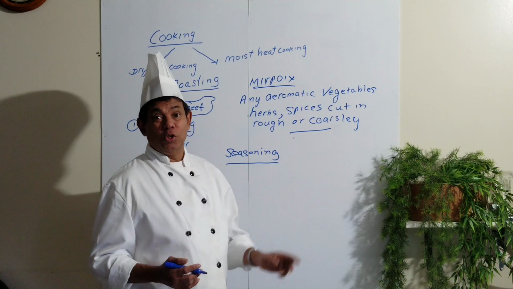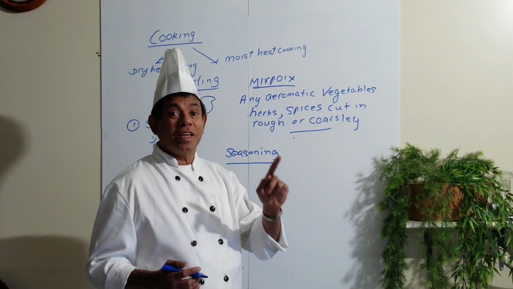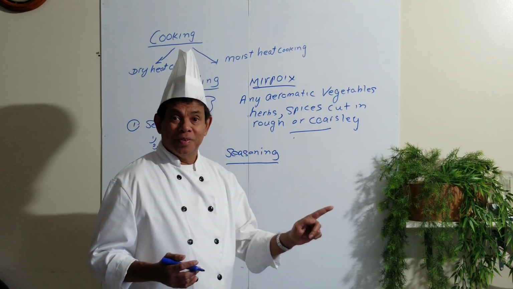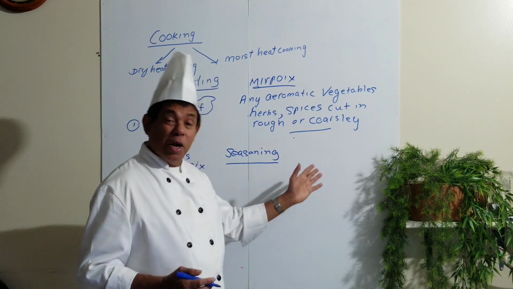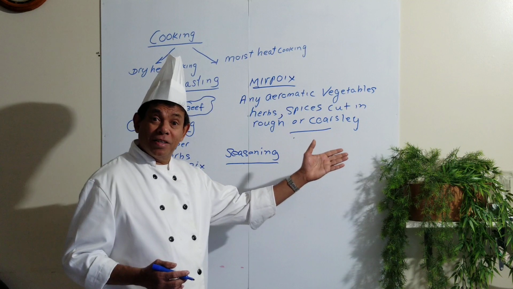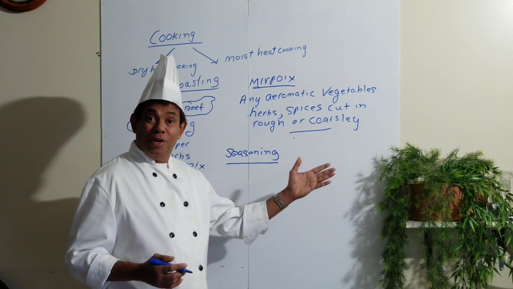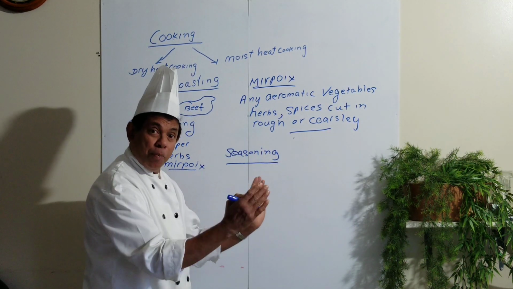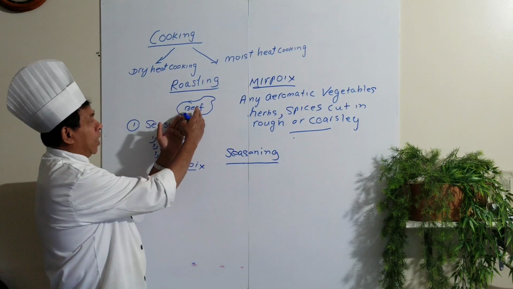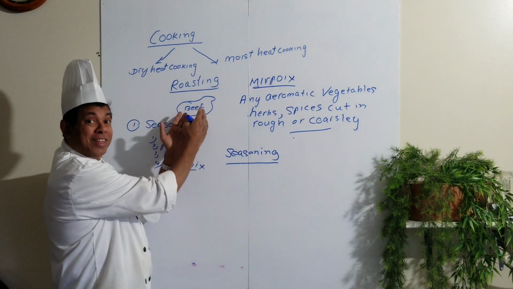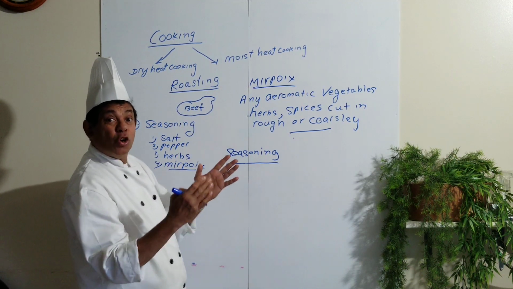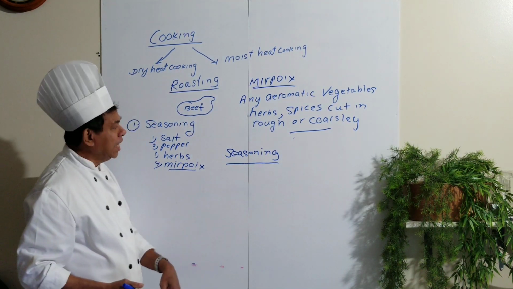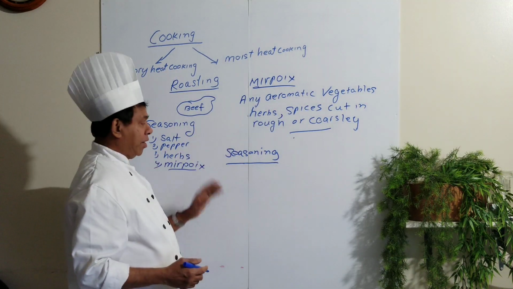Do not damage its original flavor at all. That's the seasoning. So don't add too much onion, don't add too much celery, don't add too many carrots. Use mirepoix together to enhance the beef flavor. Then it is good cooking, good seasoning. Keep that in mind very well.